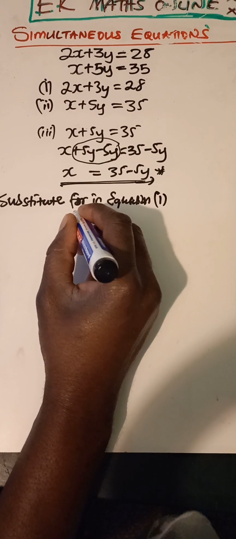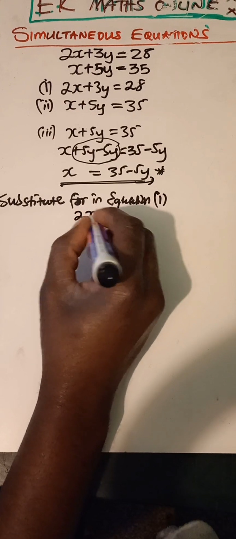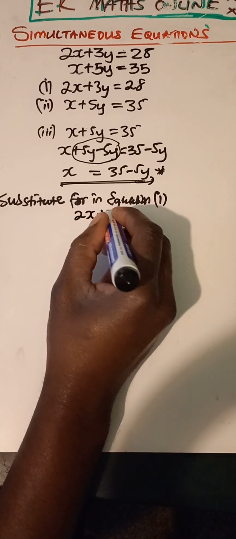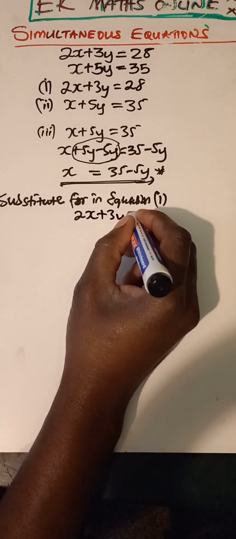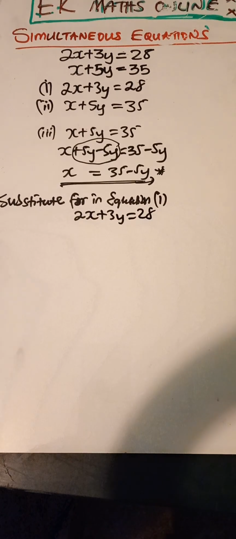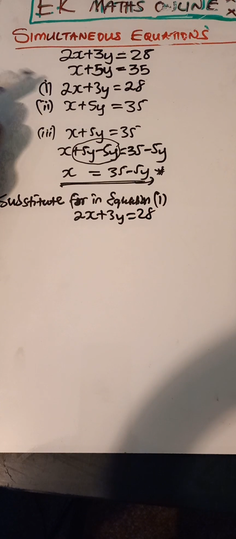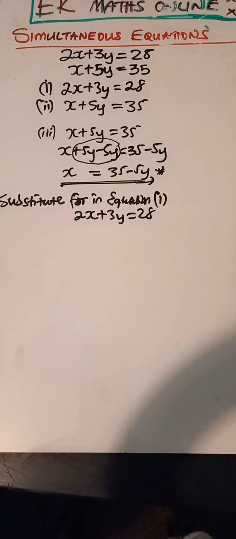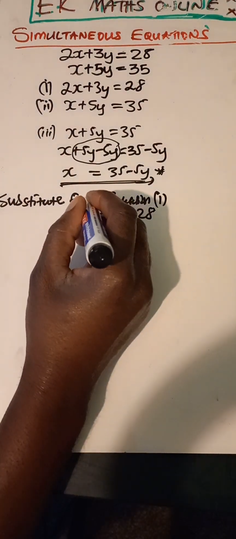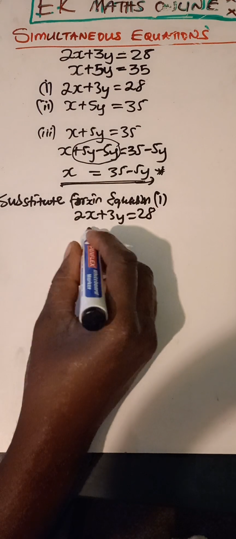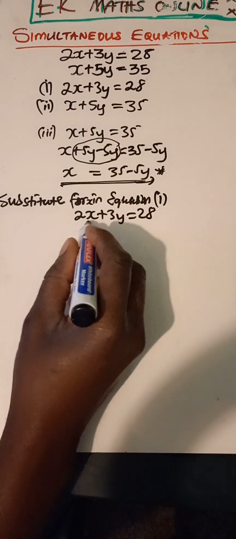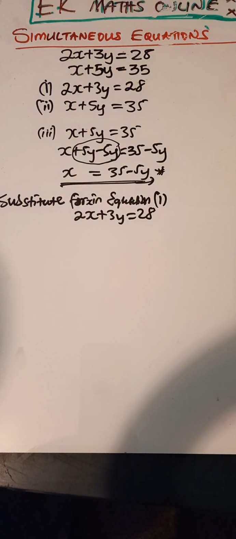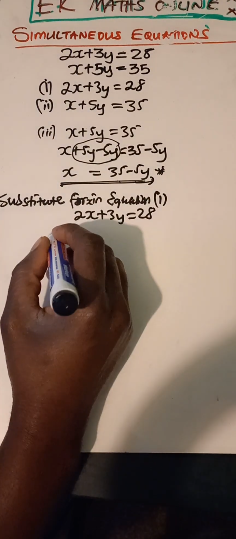That's equation 1, 2x plus 3y is equal to 28. This is our equation from our identification process. So we're going to substitute for x in this equation, which means wherever there is an x, we're going to replace it with 35 minus 5y.